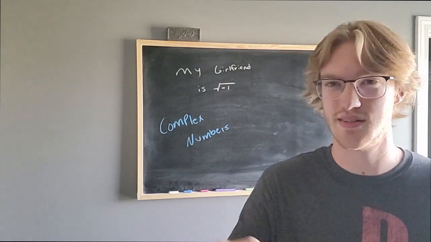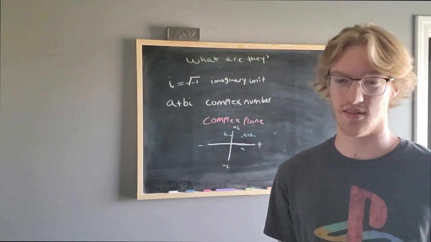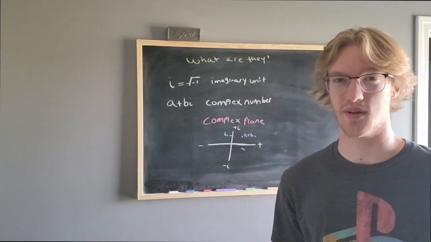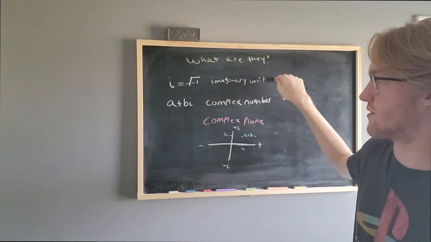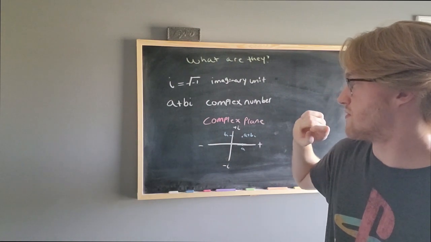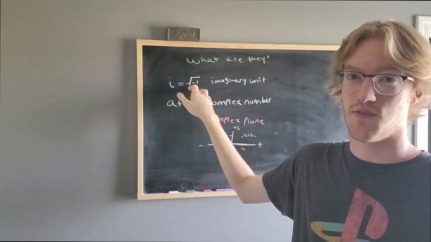Have fun. All right, so there's three things you need to know to get the gist of complex numbers. First, you need to know what the imaginary unit is. Math people were like, oh, the square root of a negative number.